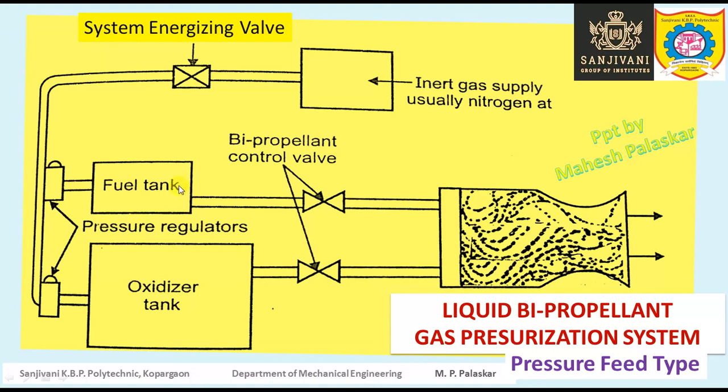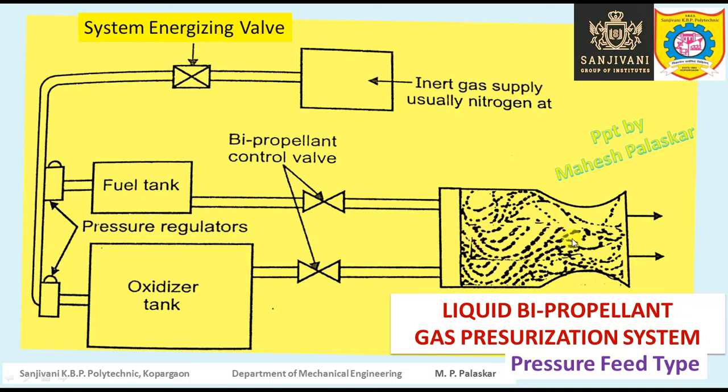So bipropellant means here this propellant consists of the fuel as well as the oxidizer. Initially they are separate, they are stored in separate tanks, and separately they will enter inside the combustion chamber of the turbine, and there the combustion will take place, and due to that the high temperature, high pressure gases will be produced.